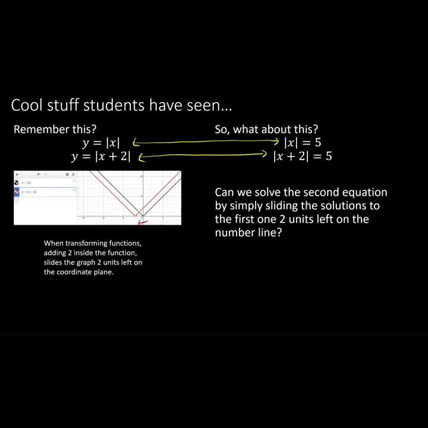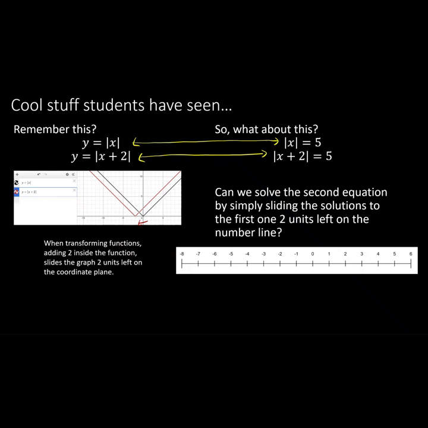So what the student wanted to know is, can we solve the second equation, the one that's a little bit more complicated, by simply sliding the solutions to the first one 2 units left on the number line? Instead of going through the algebraic process and engaging the definition of absolute value, could we just get the solution by transforming on the number line?